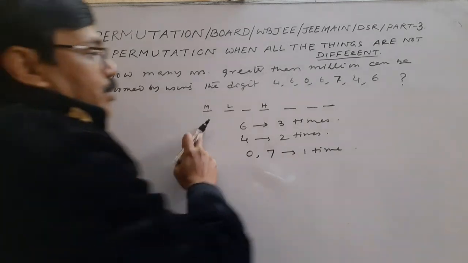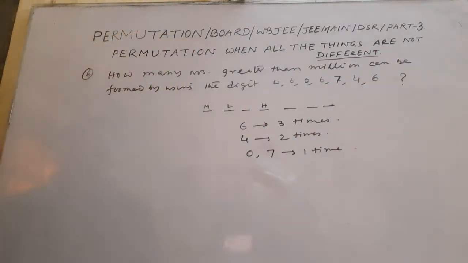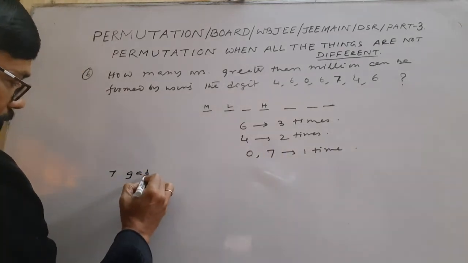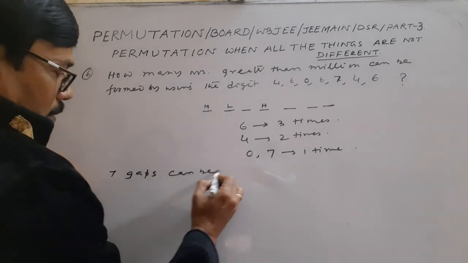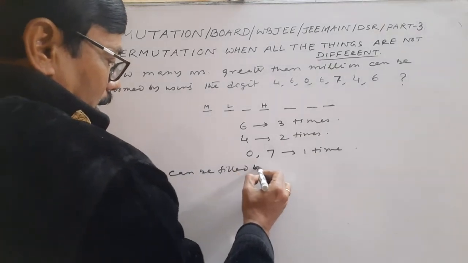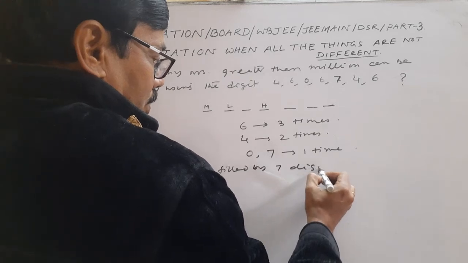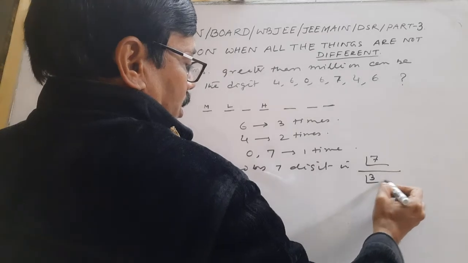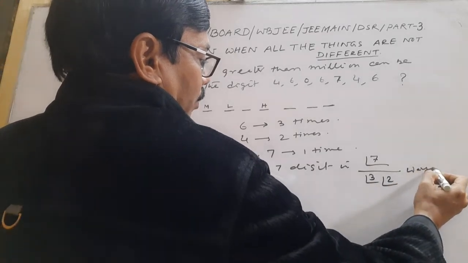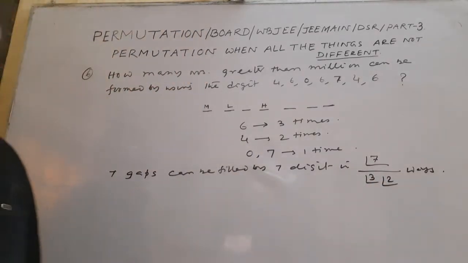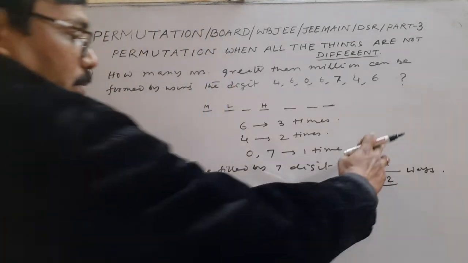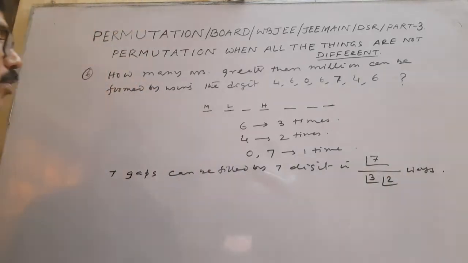So 7 gaps and 7 digits. The 7 gaps can be filled by 7 digits in factorial 7 by factorial 3 into factorial 2 ways.